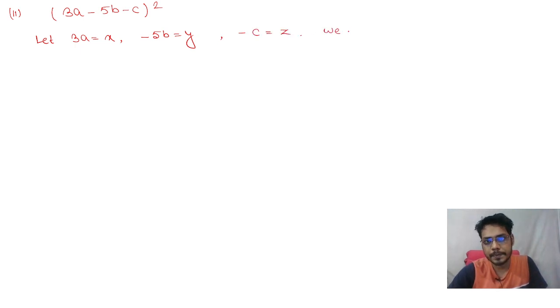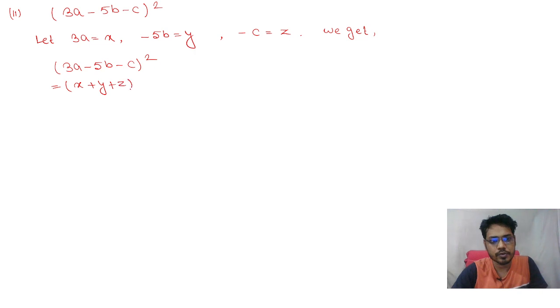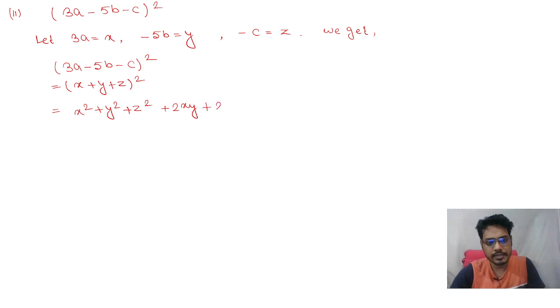Then 3a minus 5b minus c its whole square will be considered as x plus y plus z whole square. As we know, x plus y plus z square is x square plus y square plus z square plus 2xy plus 2yz plus 2zx.